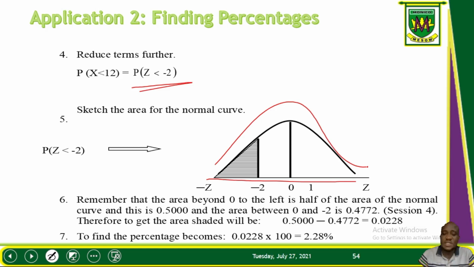So after converting to z-score, we got -2, and we are saying that the score is less than 12, the 12 which has been converted to a z-score of -2. Now we have to shade the values which are less than -2, which move below the -2, because you know with negatives, the greater the value, the lesser it is.